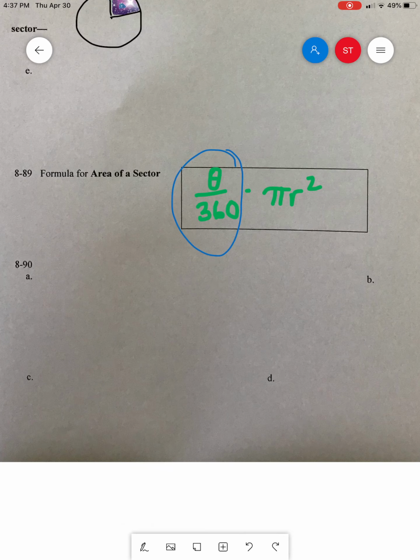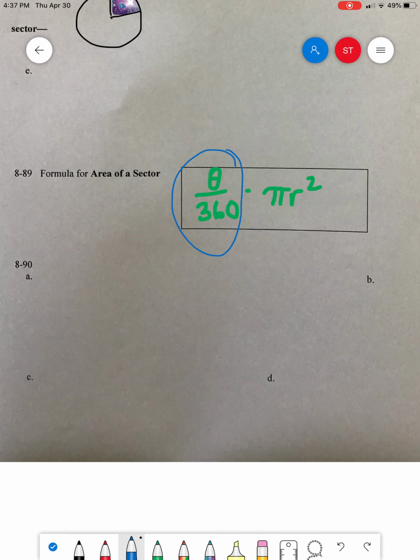90A. If you look in your book, it's got a 30-degree angle or 30-degree arc and a radius of 3. Okay, so we could figure out the length of that arc. How do we do it? Well, if we take 30 over 360, multiply it by 2 pi r, and to save some time, the radius is 3.